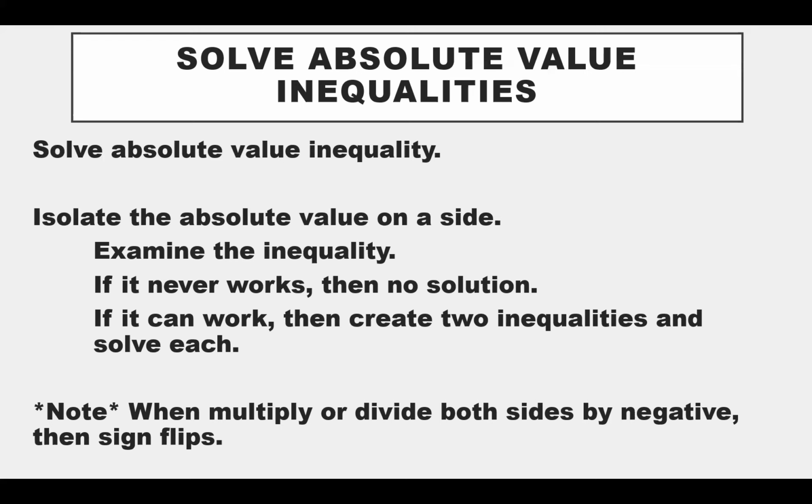We go from a greater than or equal to a less than or equal to, or vice versa. That's whenever we multiply both sides by a negative. And when we create one of the inequalities and we use the negative, then that's in effect multiplying or dividing both sides by a negative.